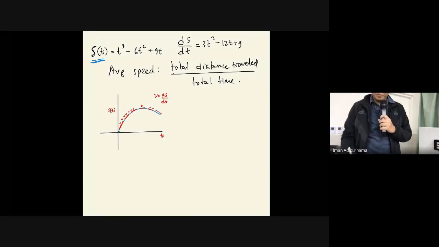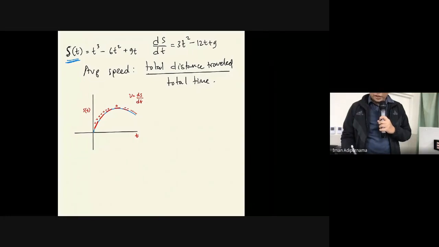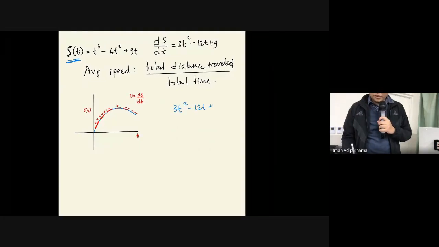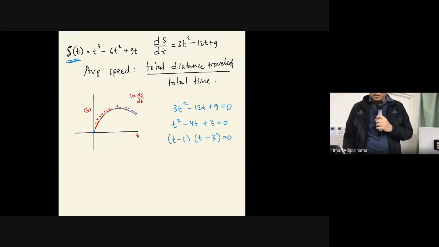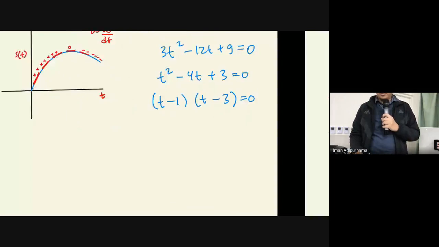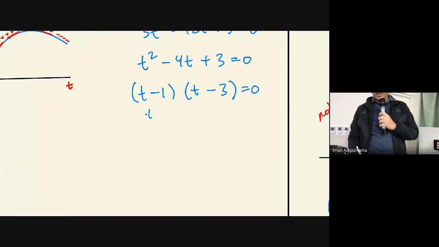Let's set 3t squared minus 12t plus 9 equal to 0. So t squared minus 4t plus 3, so (t minus 1)(t minus 3). This means when t equals 1 and when t equals 3, there will be a turning point.